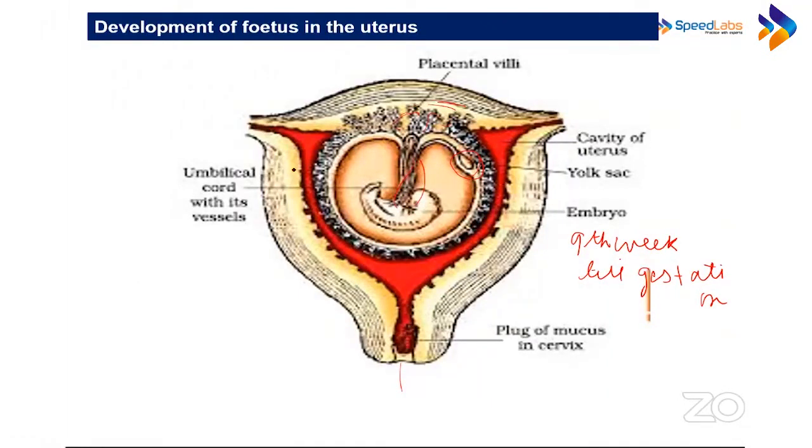And this is the cavity. Outermost membrane is the chorion. Then you have the allantois. You have the amnion. So chorion, amnion, yolk sac degenerates, and from the yolk sac you have the allantois, which has no important role in human beings.